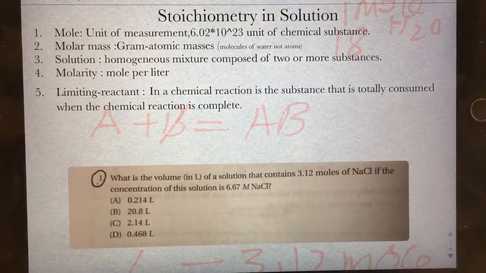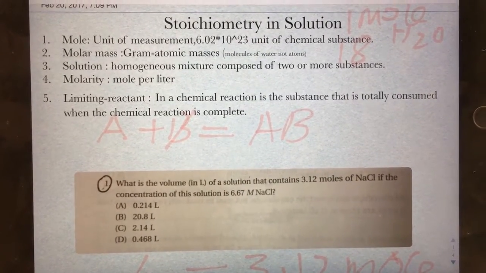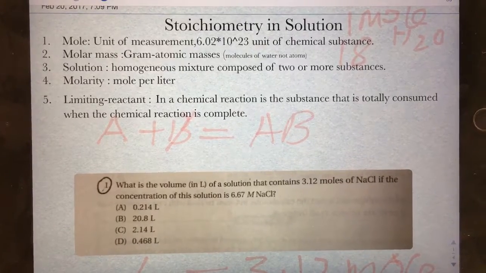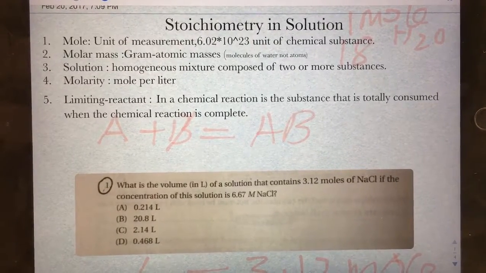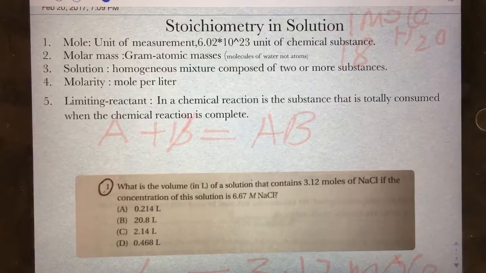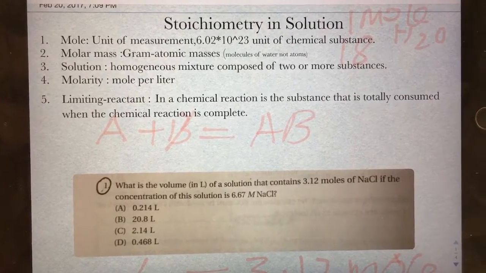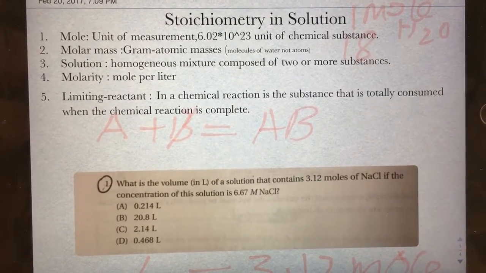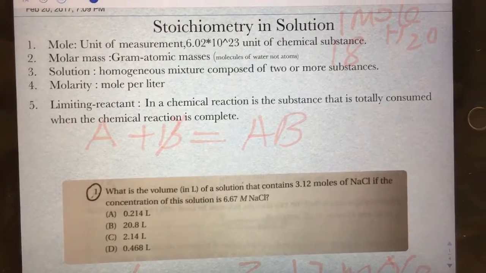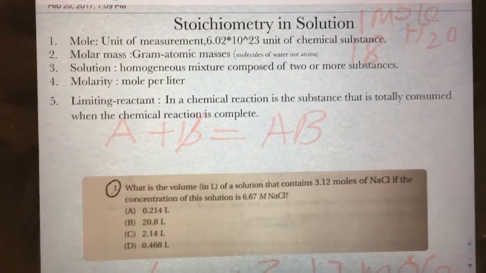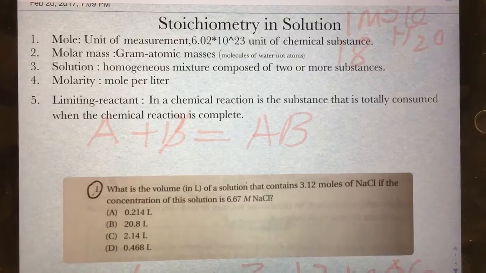The first one is a mole. A mole is a measurement of a chemical substance. It includes Avogadro's number, 6.02 times 10 to the 23rd power.